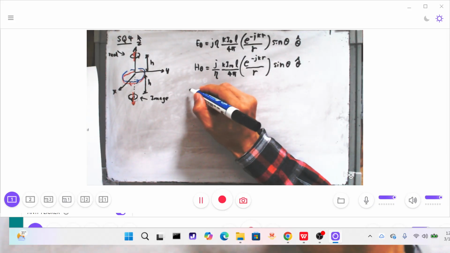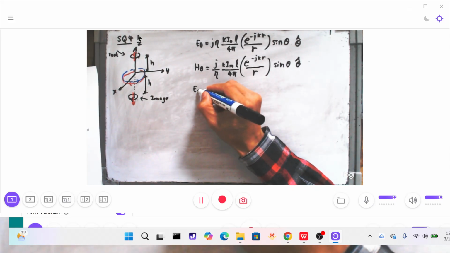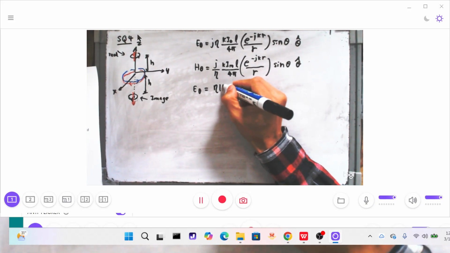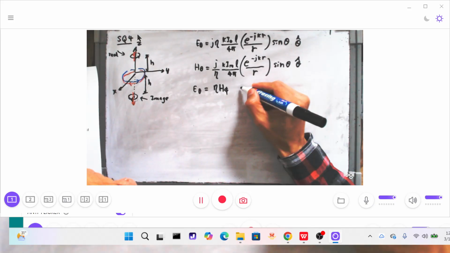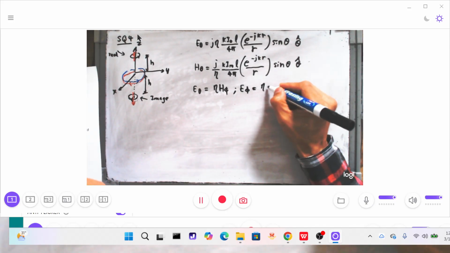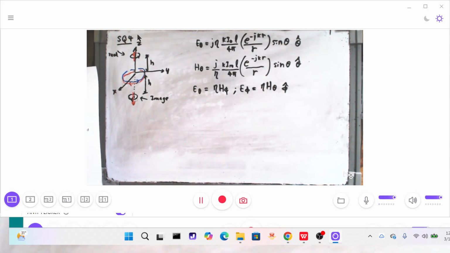As the question is given, E is equal to... similarly, I can also say this E phi can be written as H theta, where the angle in this case is phi, sorry, phi.